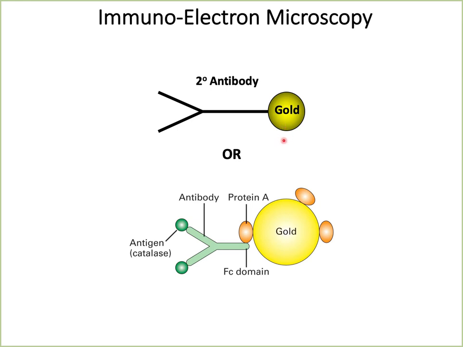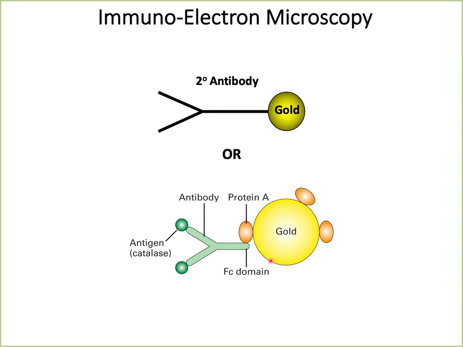But there is a variation. If you do not have a gold-labeled secondary antibody, you can obtain commercially available gold particles that are bound to protein A. This protein A is isolated from the bacterium Staphylococcus aureus, and it specifically binds to the Fc portion of the antibody, the constant Fc portion that we talked about.